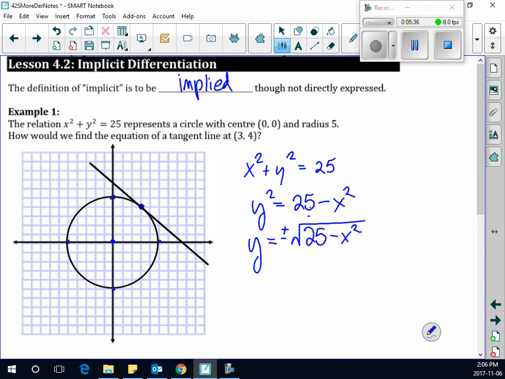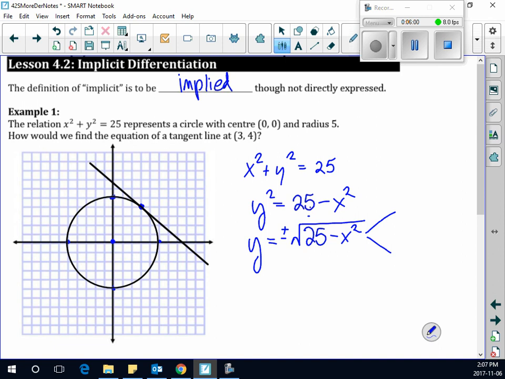So the height of 25 becomes a height of 5, right? But we already knew what it's going to look like from the circle. And the reason why we have plus or minus is because then we have the reflection of the same graph that got square rooted. Anyways, so we need to find the derivative of this.